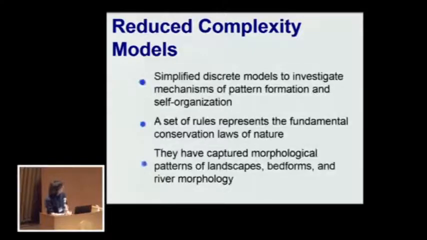So, as I said before, simplified models are mainly used to investigate pattern formation and self-organization. A set of rules represents the fundamental conservation laws of nature. Most of these models have equations for mass conservation, but have really simplified ways of modeling the momentum equations. They have been really useful to capture many morphological patterns.